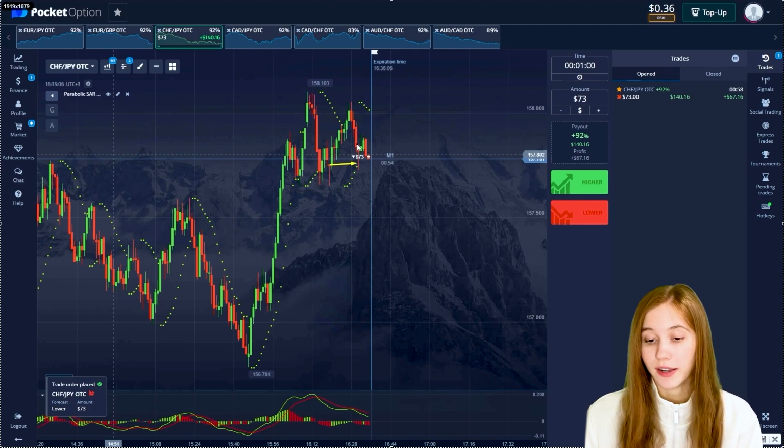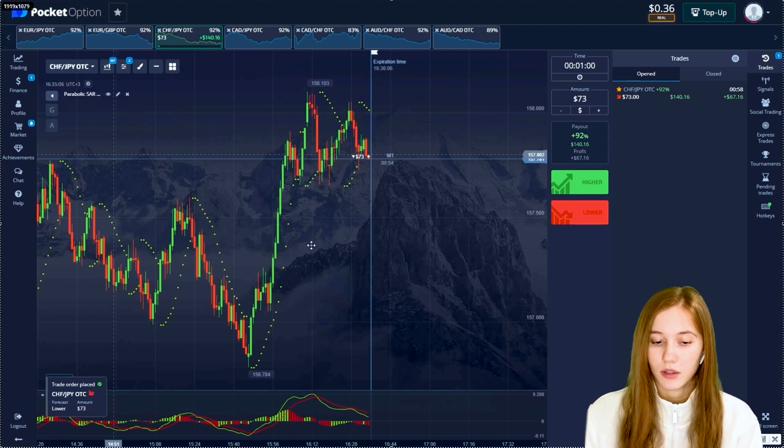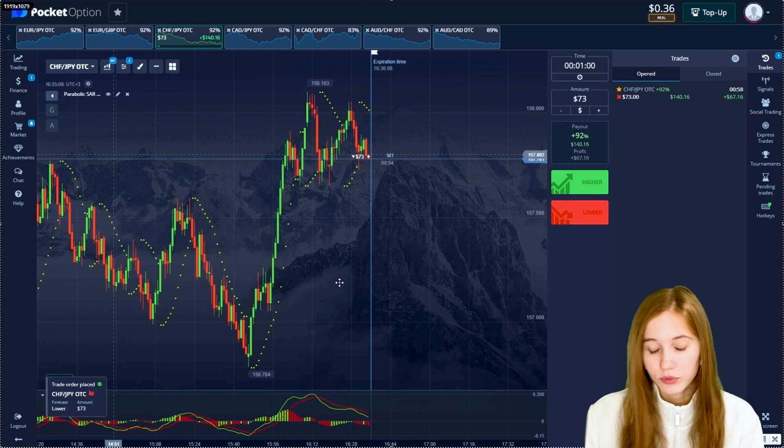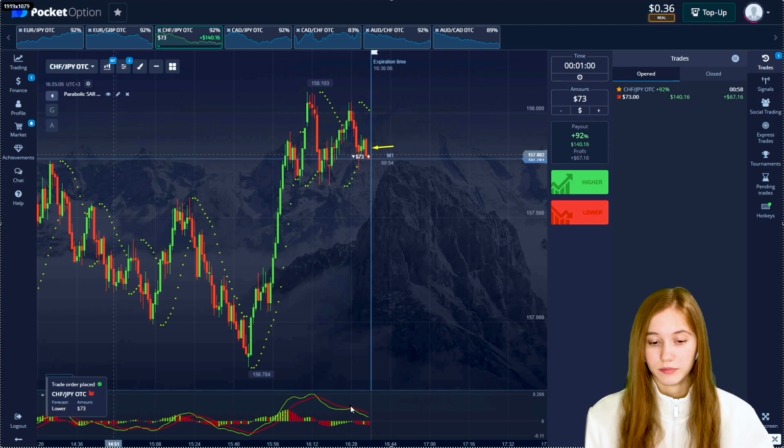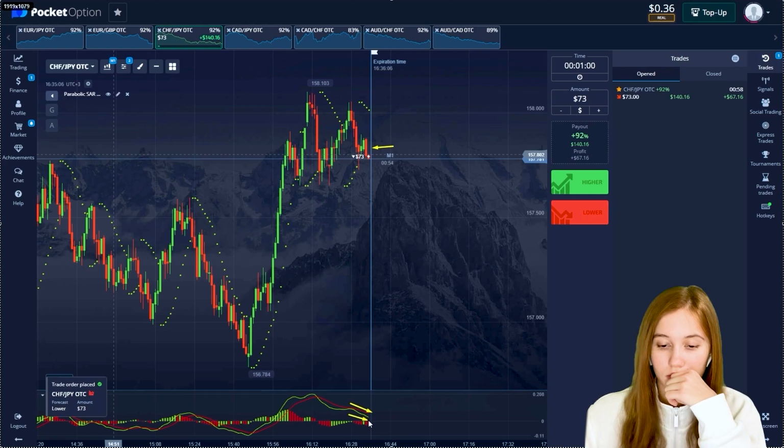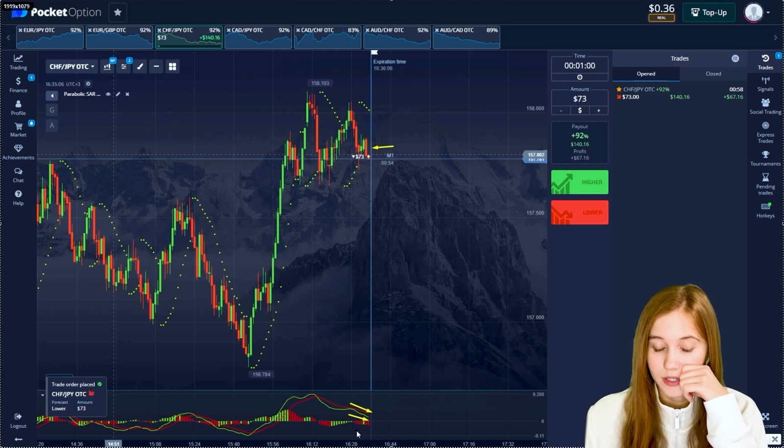Red bars prevail. The previous pair is quite confidently red. This indicates the confidence of our trend to a lower position. The red bars indicate the decline.